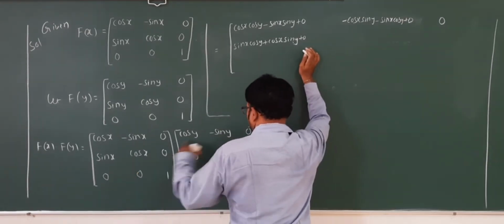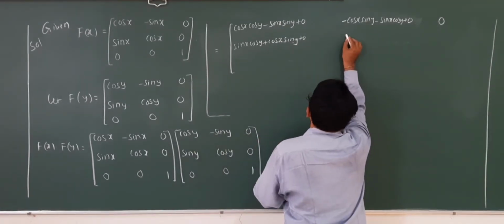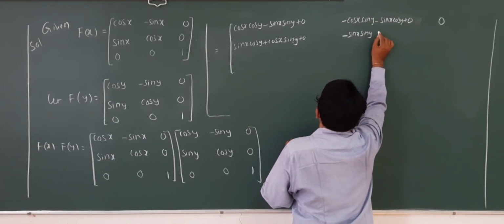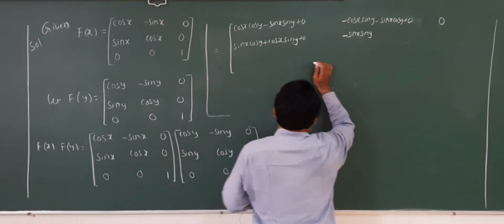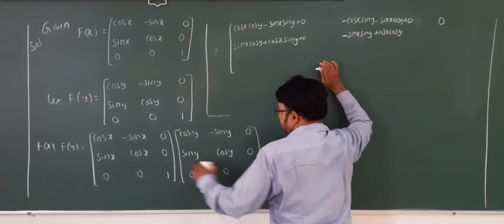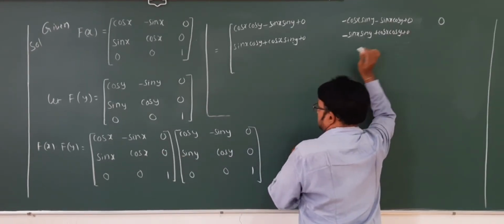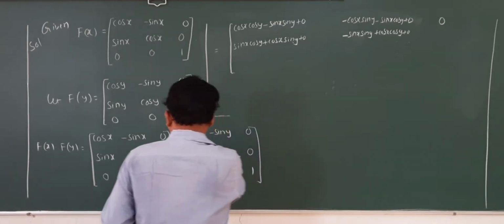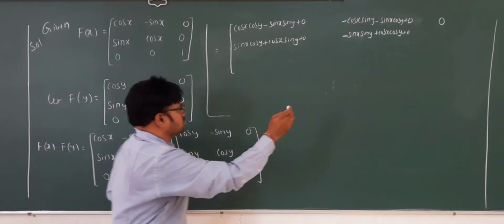Next, second row, second column: sin x into minus sin y, minus sin x into sin y, plus cos x into cos y, cos x cos y, and 0 into 0 as 0. Next, second row, third term: sin x into 0 plus cos x into 0 plus 0 into 1, which is 0.